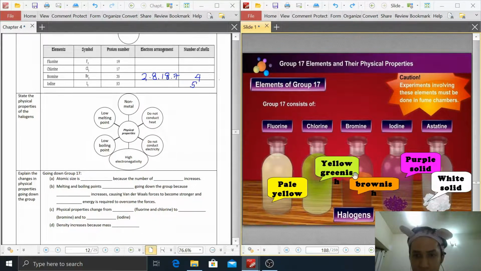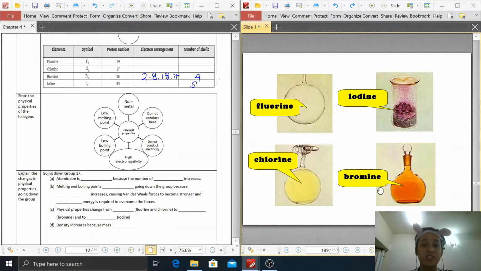Bromine is brownish. Iodine is a purple solid. And astatine, like I mentioned just now, is solid but white in color.